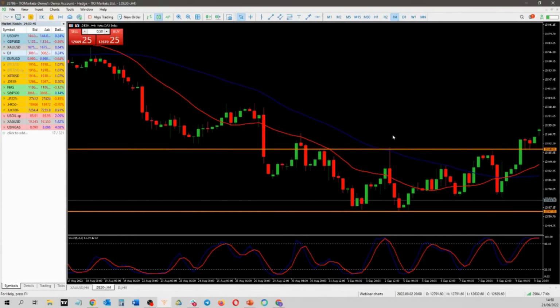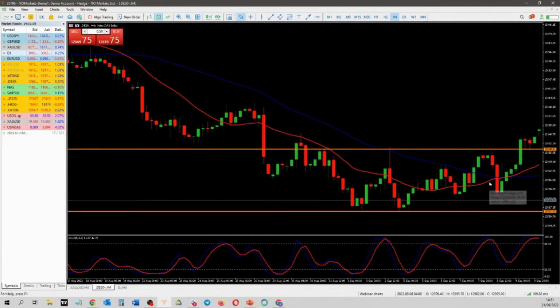So what should you expect after this? Higher prices, yes. Not only because of these candles, but because of the picture that we built here. Maybe the market is reversing the down move and ready to move higher.